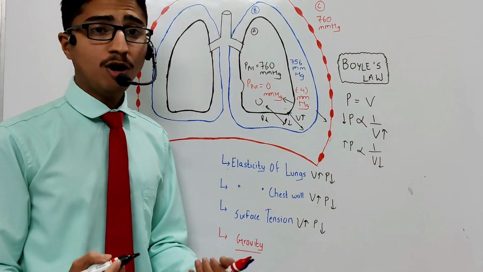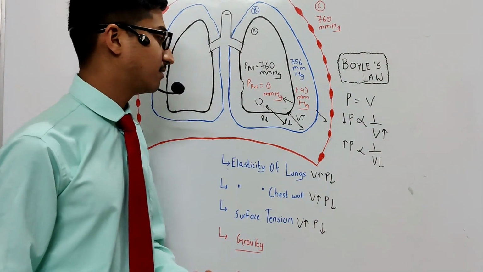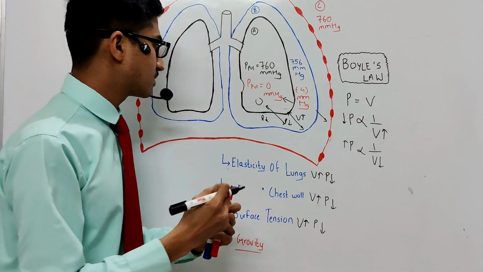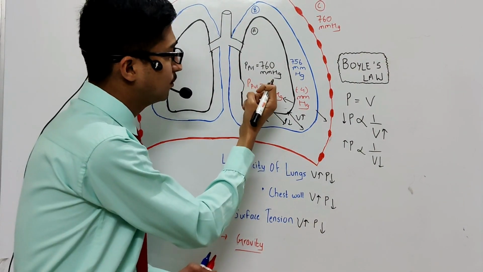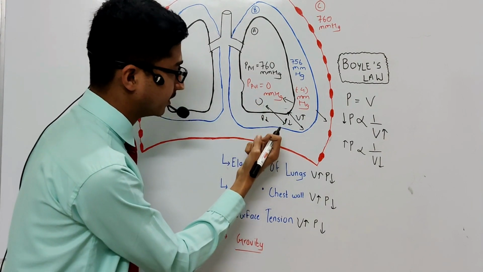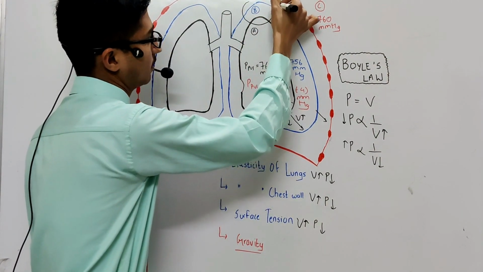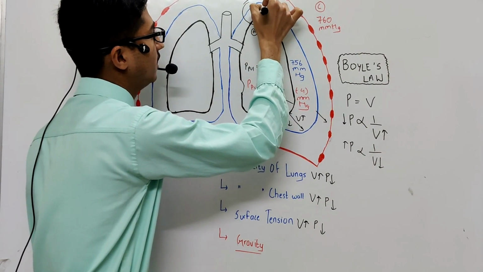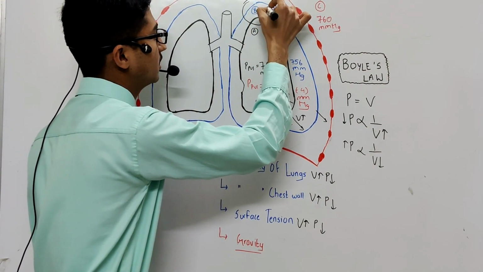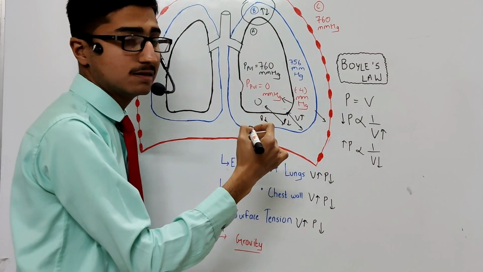The fourth and important reason is gravity itself. Now let's suppose I pull these lungs downward. What happens? The volume here in the apex will increase, whereas the pressure here decreases.